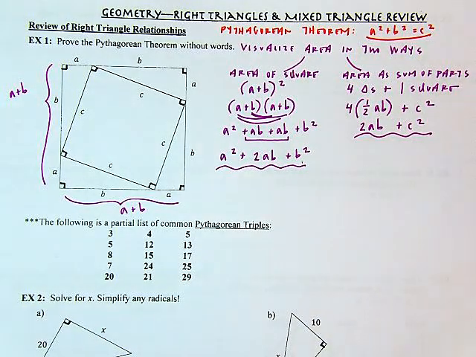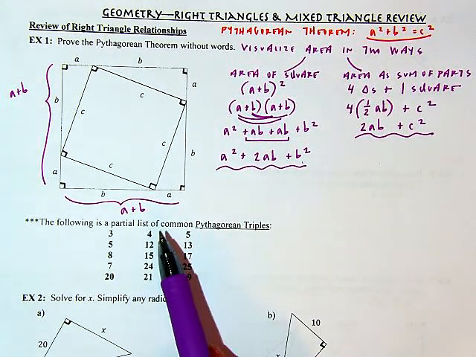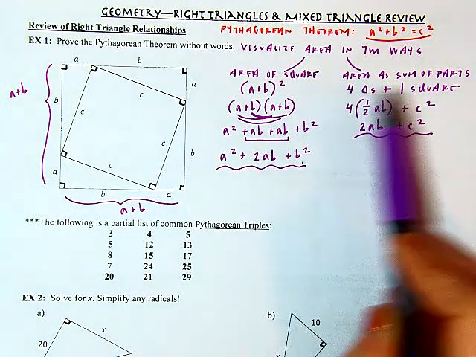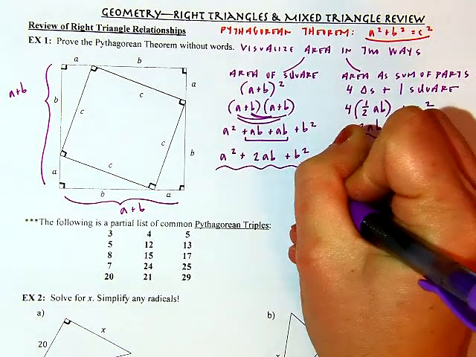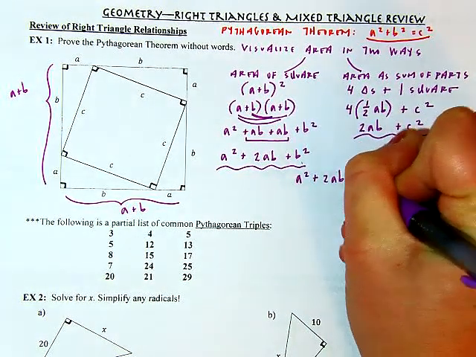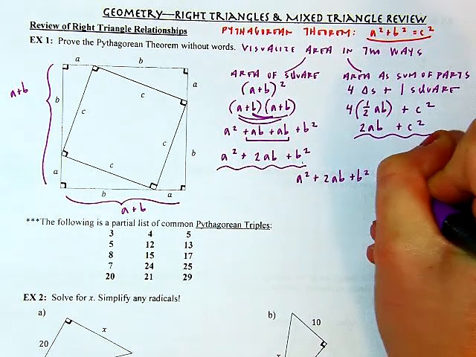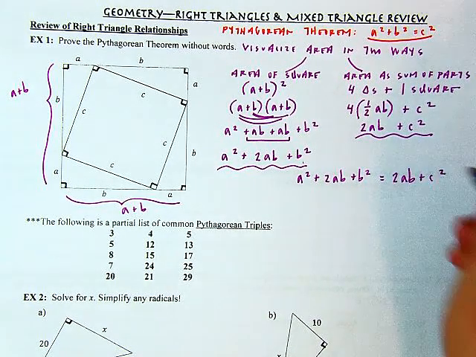So I've looked at my shape here, and I've calculated its area in two ways. Area of the big square, area as the sum of the smaller parts. So these are equivalent statements. Let's join them together next. So A squared plus 2AB plus B squared is equal to 2AB plus C squared.